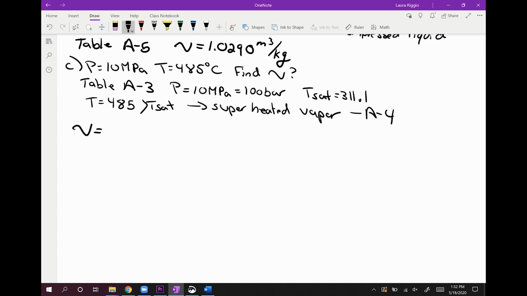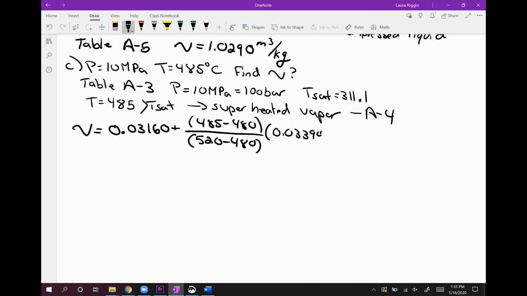So my specific volume is going to be equal to 0.03160 plus 485 minus 480 divided by 520 minus 480 times 0.03394 minus 0.03160, which is 0.03189 meters cubed per kilogram.